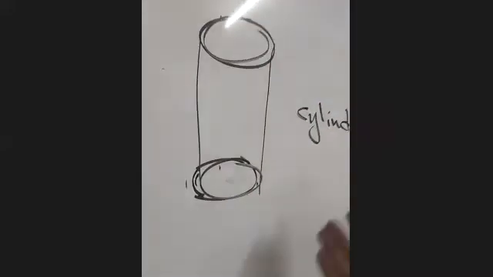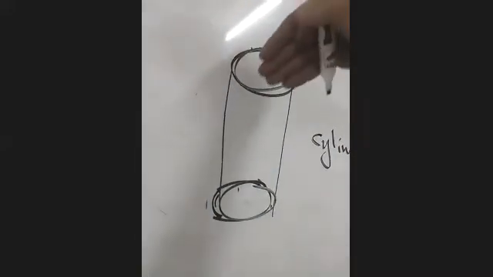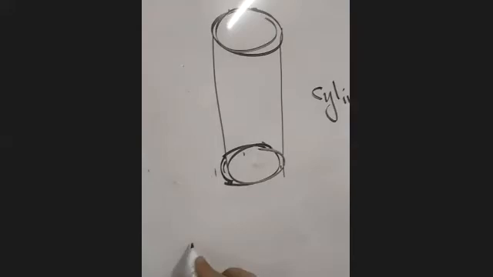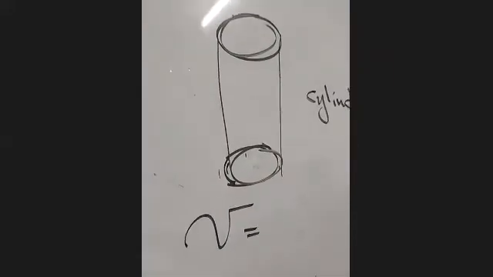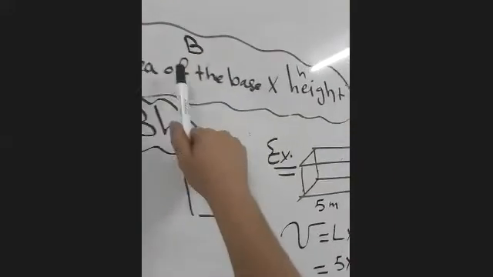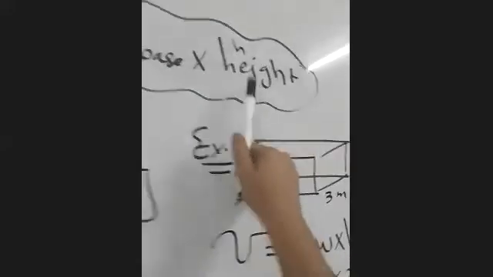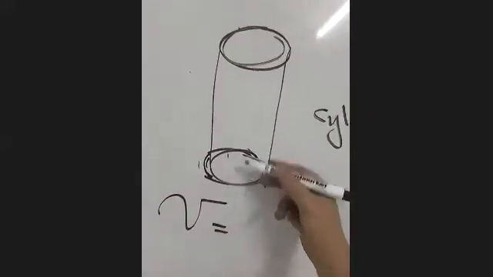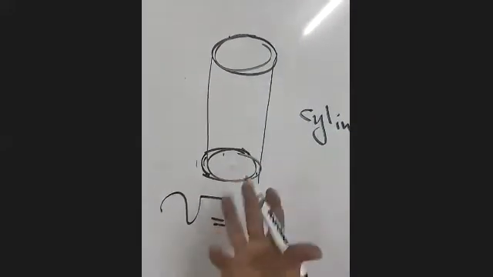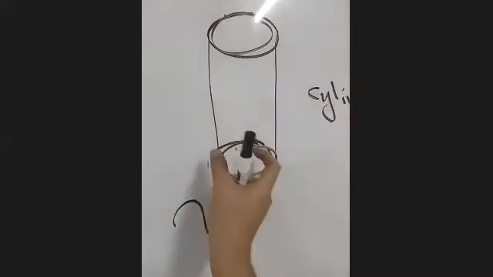It has gas inside it. So this is a solid figure. We can put something inside it. Now how do we find the volume of it? In general, we said the volume is the area of the base multiplied by the height. What's the base? It's a circle.